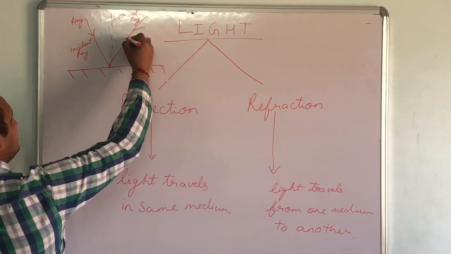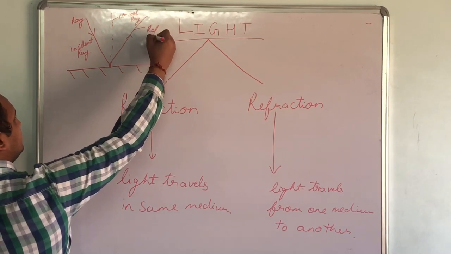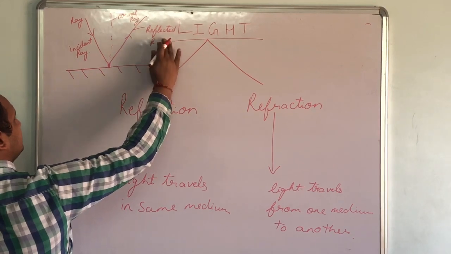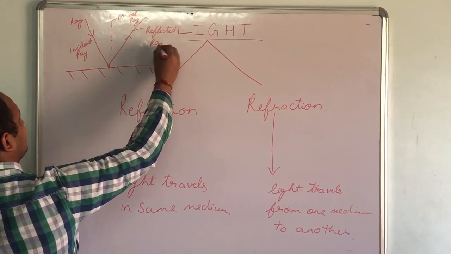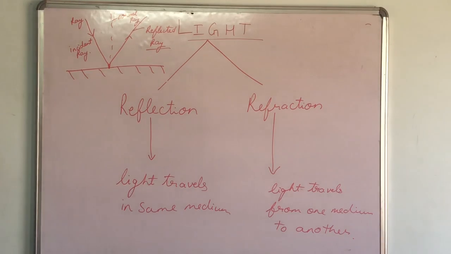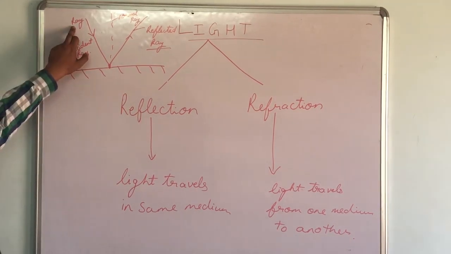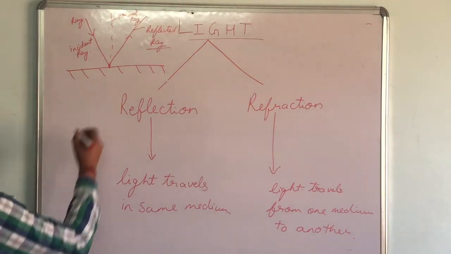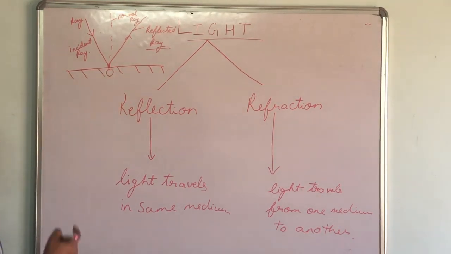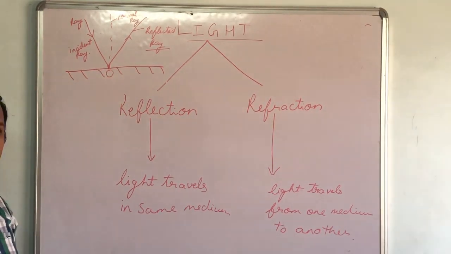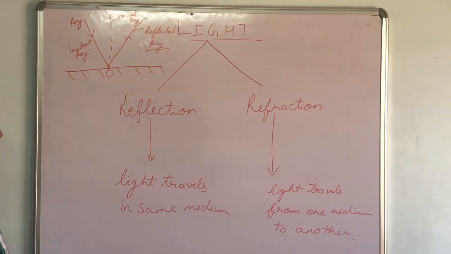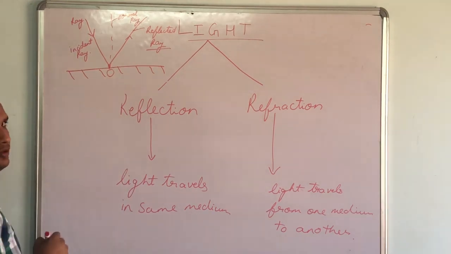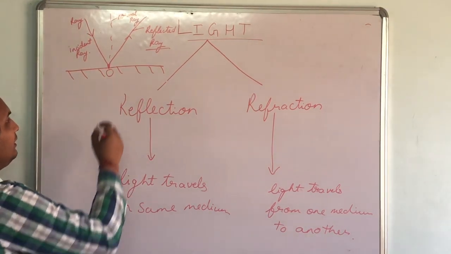This is the reflected ray. The incident ray is falling on this surface at a point O. This point where the light is getting incident is known as the point of incidence. And from here there is one more ray, that is the normal ray.